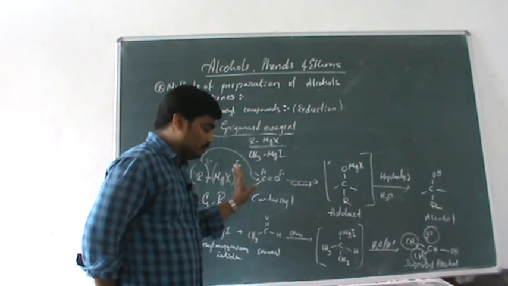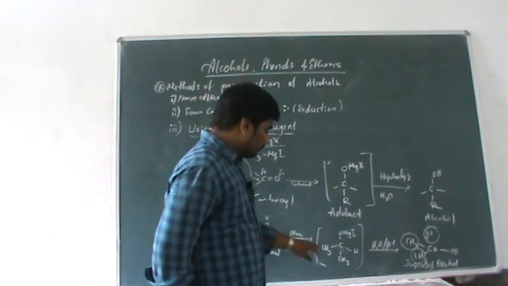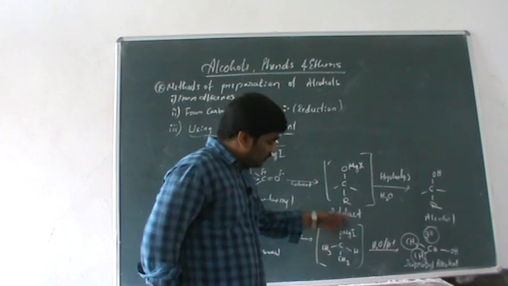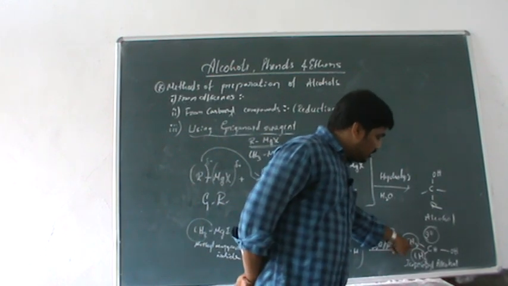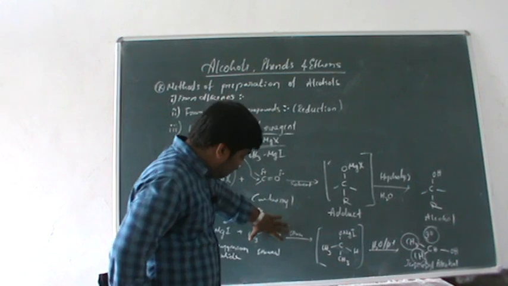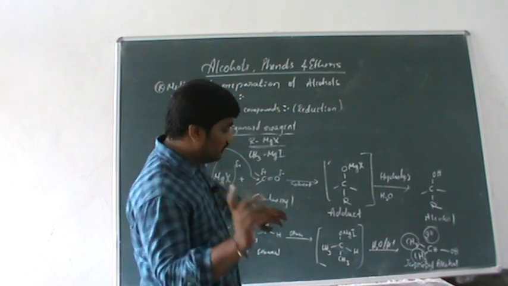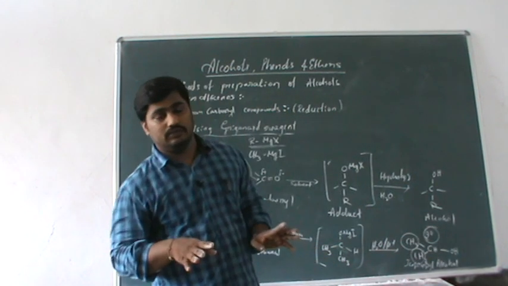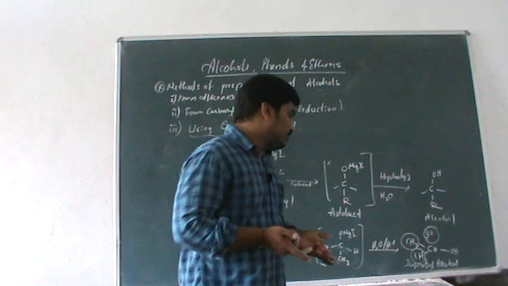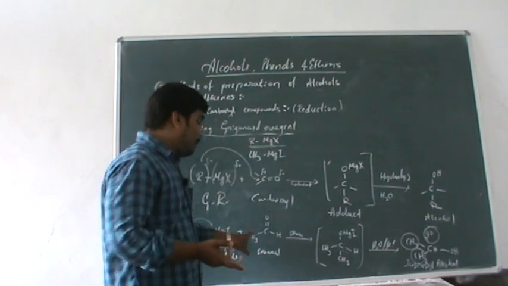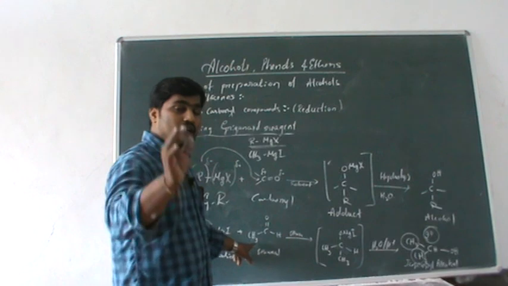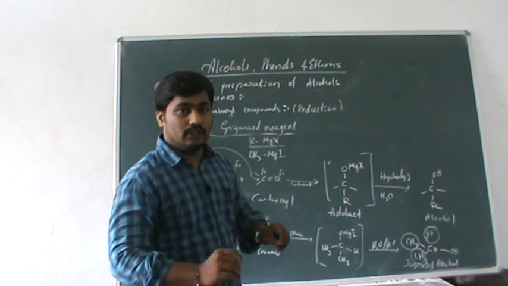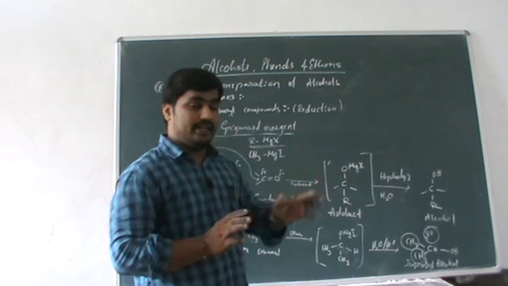Then CH3 remains as CH3, and R becomes H, so it is H and H. Suppose we consider methanal as an example, then it gives primary alcohol. Then what is the conclusion? The first member of aldehyde gives primary alcohol and other aldehydes give secondary alcohol.